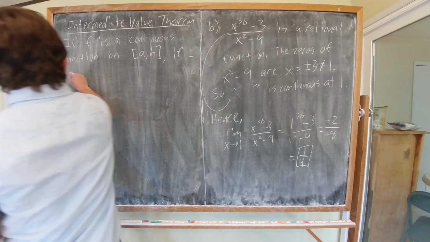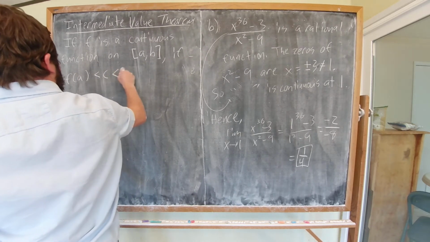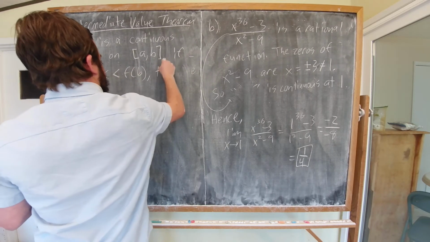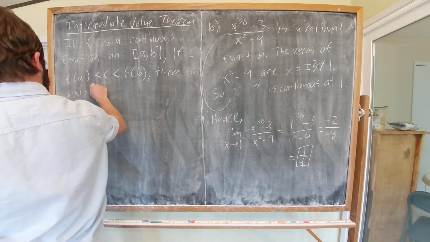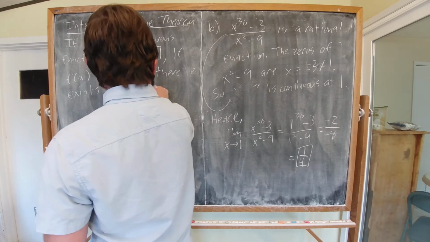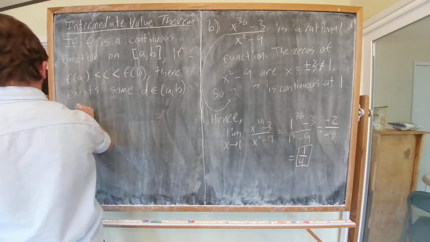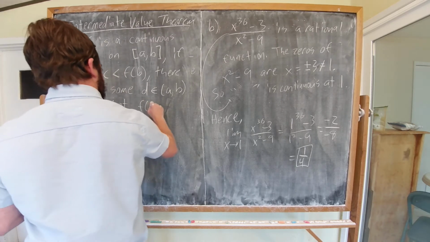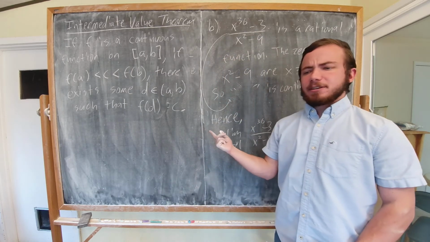If f of a is strictly less than c, strictly less than f of b, there exists some d in the open interval a to b such that f of d is equal to c. Let's see what's going on there with the picture.